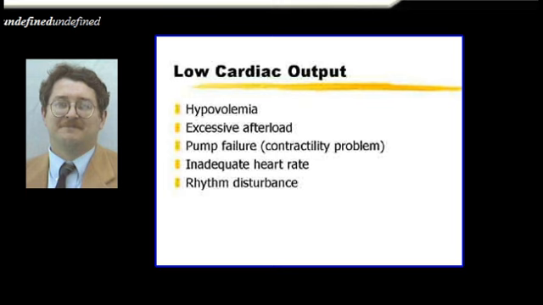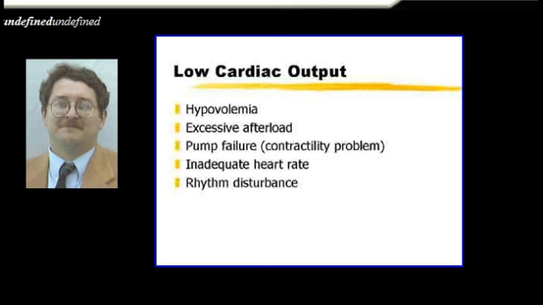The purpose of this discussion is to review cardiac physiology, not respiratory physiology, so we'll limit the following discussion to evaluation of impaired cardiac output. There are a number of potential causes for impaired cardiac output, one of which is hypovolemia, another of which is excessive afterload. There can be an intrinsic problem with the heart as a pump.